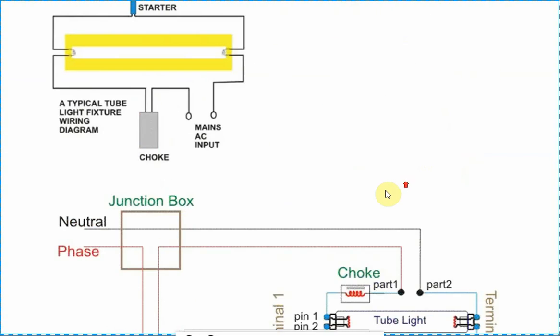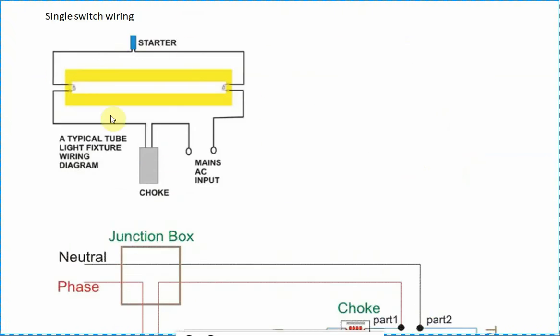Do you know the purpose of the choke and the starter in the tube light? The starter helps to boost the voltage. The choke limits and withstands the higher range of voltage.